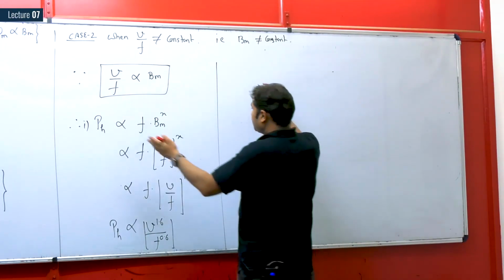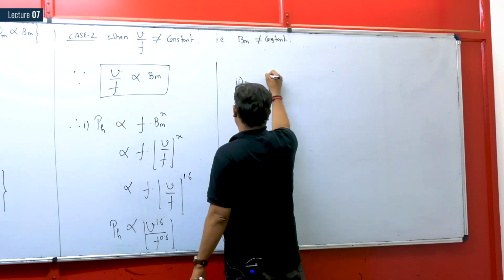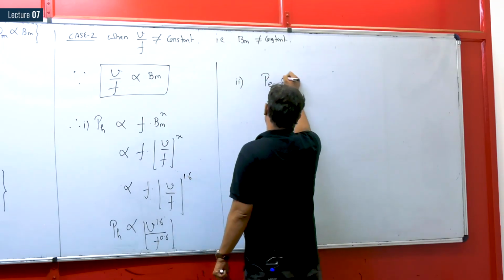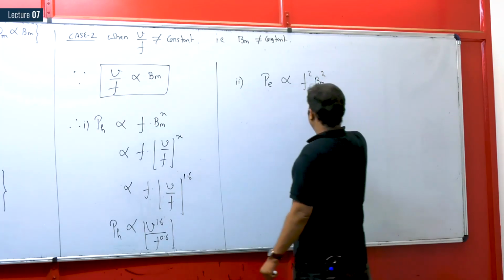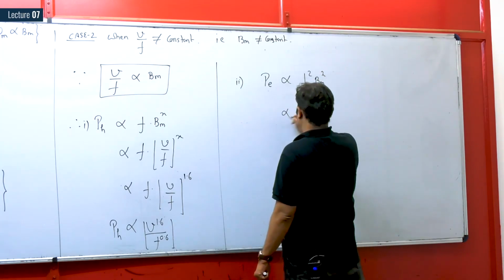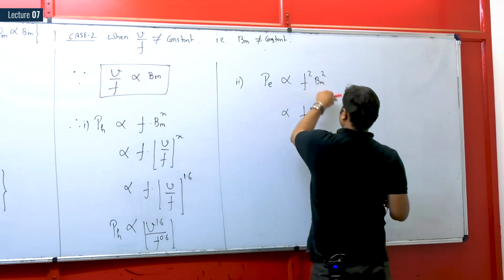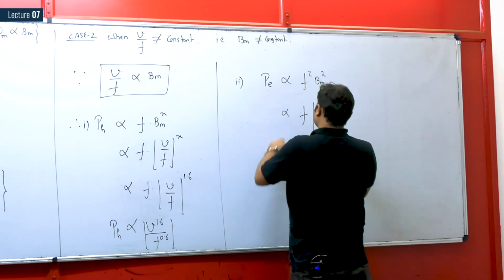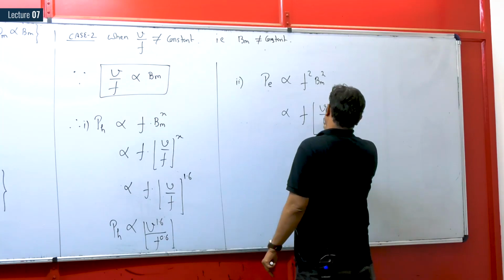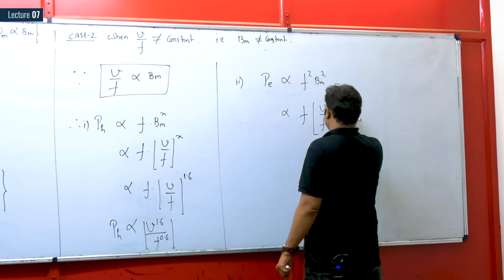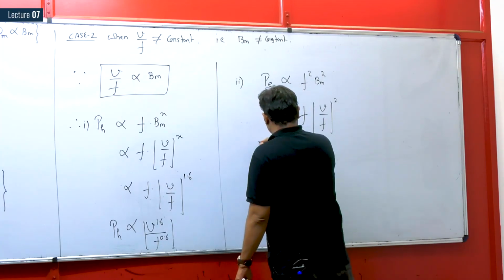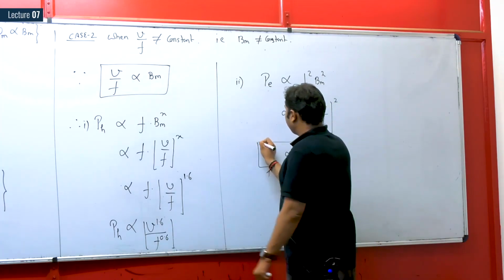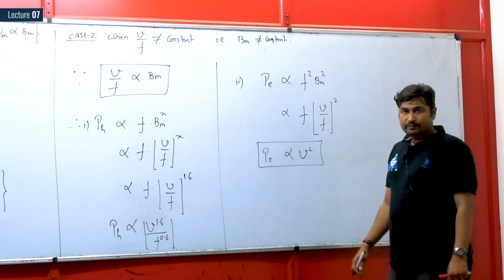And further observe, for eddy current loss, when V by f is not constant, eddy current loss is proportional to f square into Bm square. Now since Bm is proportional to V by f, because of this proportionality sign I can replace Bm by V by f. The f square will cancel out, so you can say eddy current loss is proportional to V square if V by f is not constant.